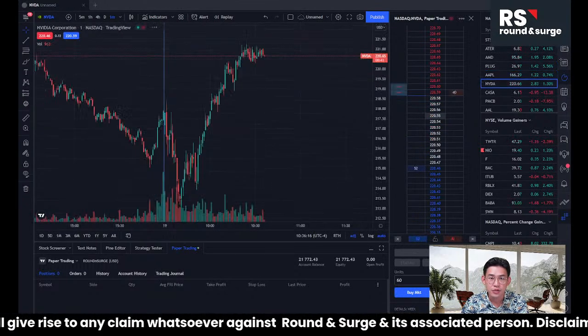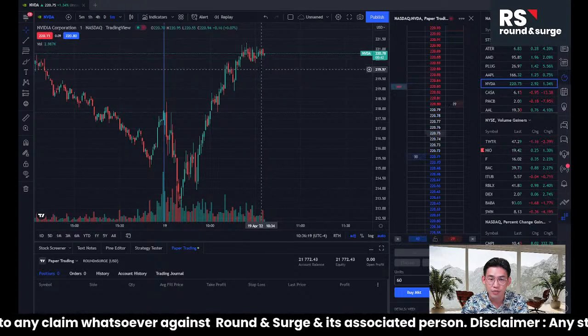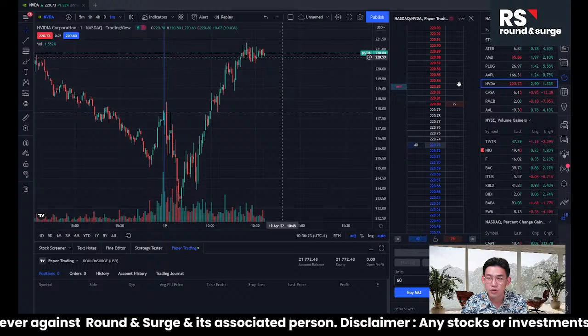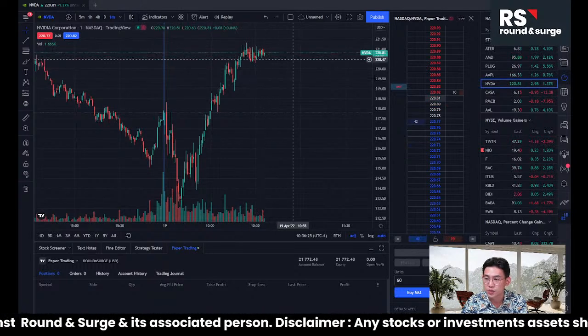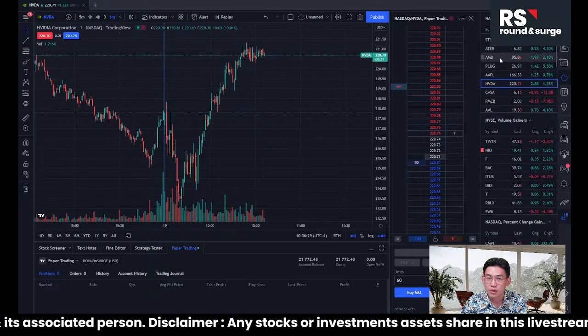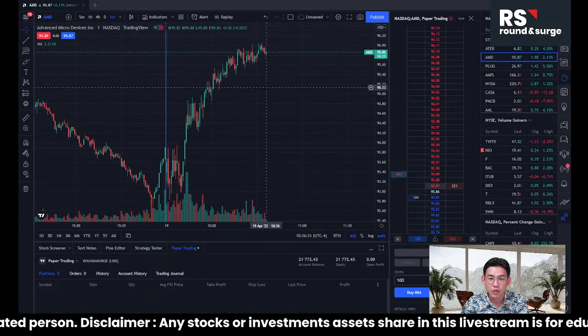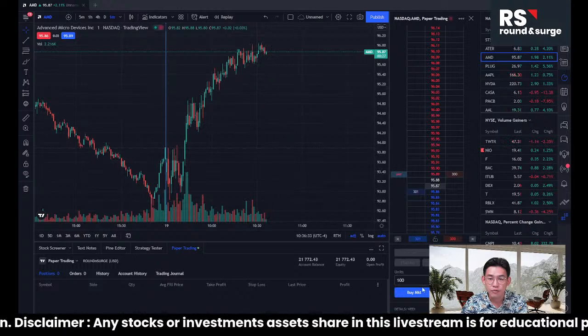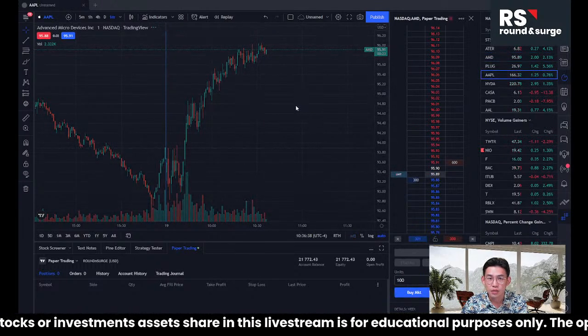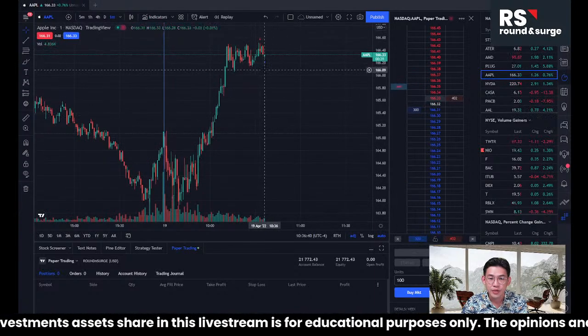Let's see any other. Because all these NVIDIA will actually move the same, this is too tight for me to do any trades. The price is moving too tight over here. AMD, is it much more? There's a high volume here, so it's too high for me to enter.